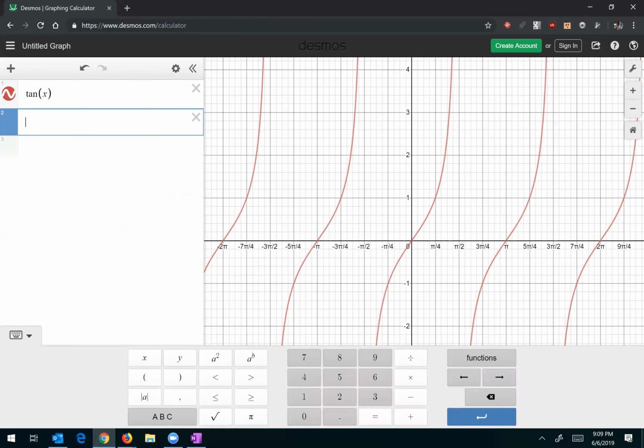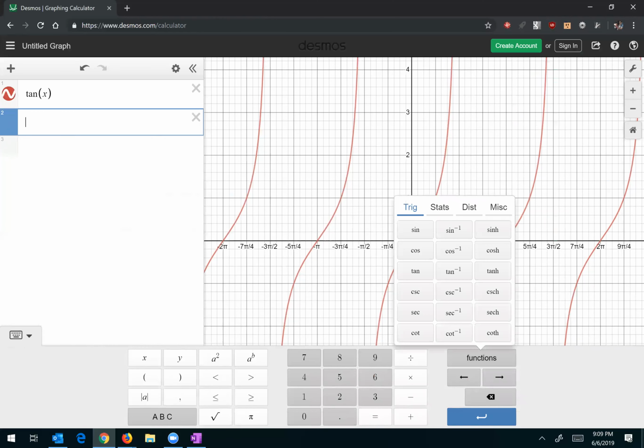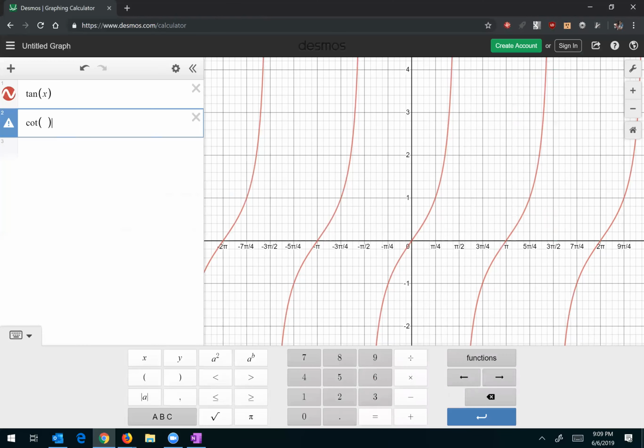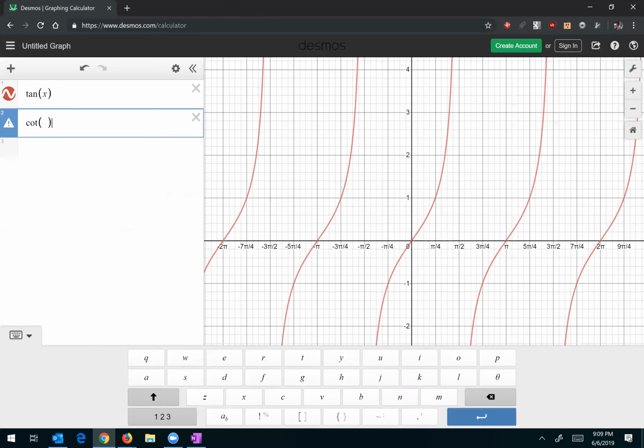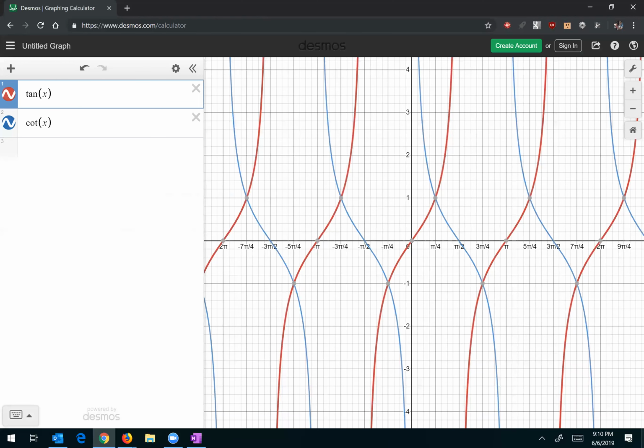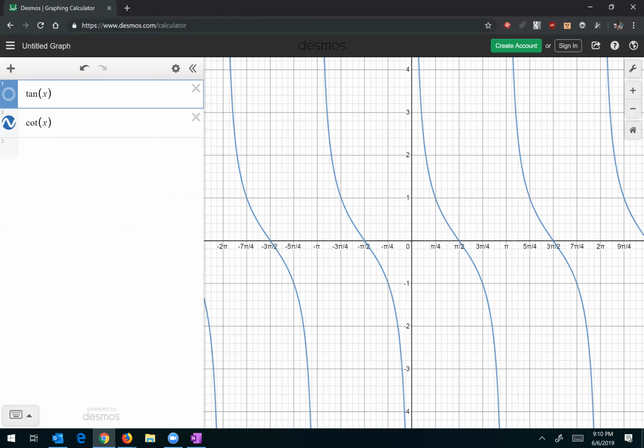Now let's add cotangent to this. There's my x. Oops, except it's out of the parentheses. There we go. And let me turn off my tangent graph. All right, so here's cotangent. Now its asymptotes are instead at 0 and pi.